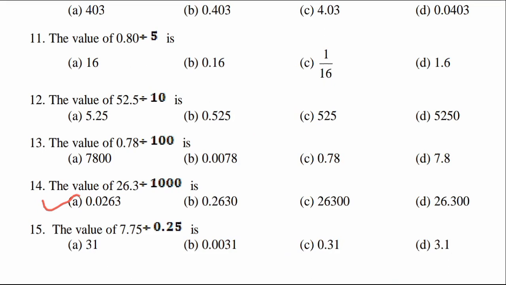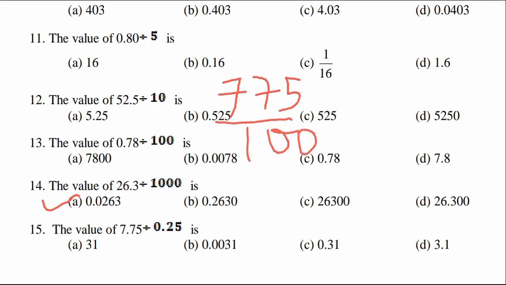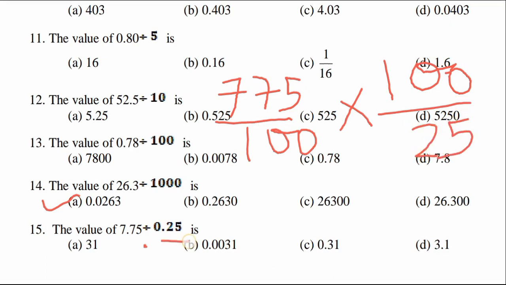Question number 15. The value of 7.75 divided by 0.25 is... So first we remove the decimal point and we write 100 below. Then we convert the second number into reciprocal form.